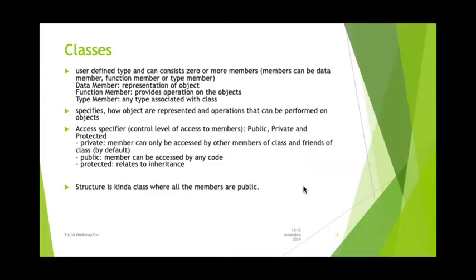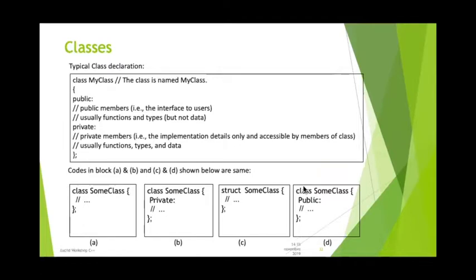Yes, a structure is a kind of class. How it's the same, we will see here. So it's a typical class declaration. How do we declare it? class is a keyword or reserved word, and MyClass is the name of the class. Then we have public and private, and you can also add protected here. In public, just remember you must declare the functions and try not to declare any data members here.